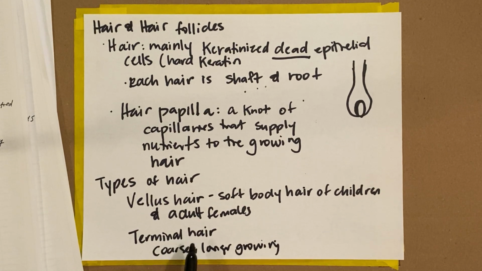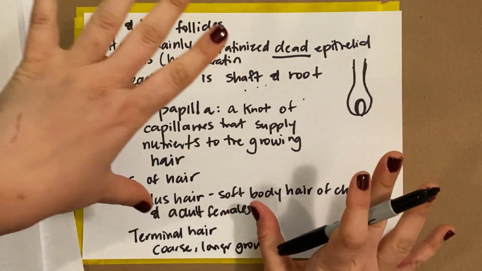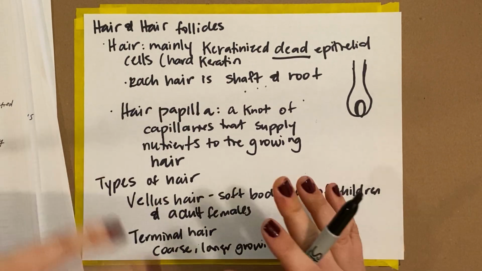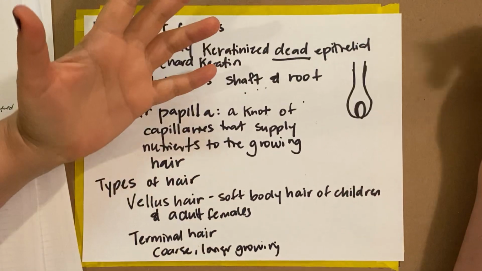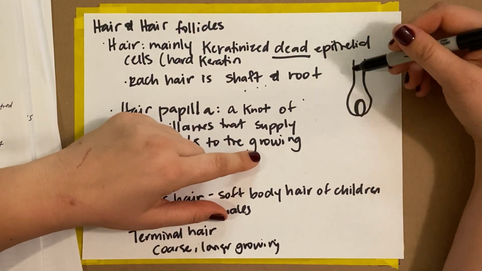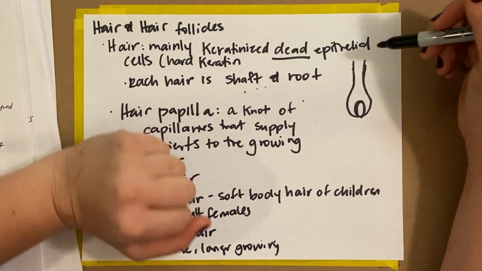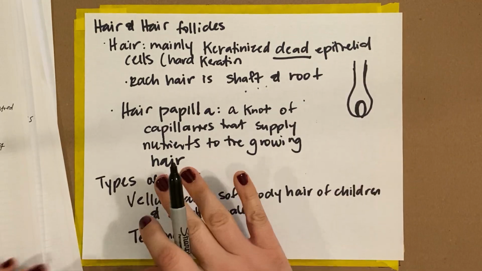That's going to be called terminal hair. This will not be on the test or anything, but there's some interesting stuff in the textbook about how your hair, whether it's wavy versus straight or coarse, has to do with the actual shape of the hair bulb and follicle. So the structure will affect how it actually comes out.